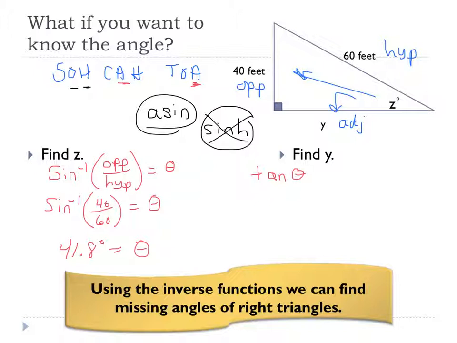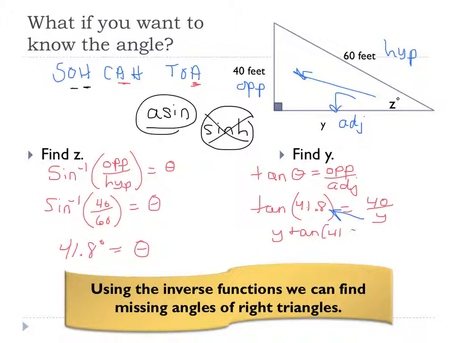So the tangent of theta equals the opposite divided by the adjacent. Tangent of 41.8 degrees. And definitely don't put 42 and don't put 41. We need accuracy here. It equals the opposite, 40, divided by the adjacent, which is y. I'm going to cross multiply that up, and I end up with y times tangent of 41.8 equals 40.